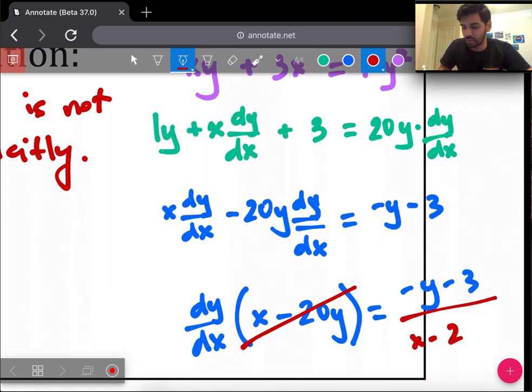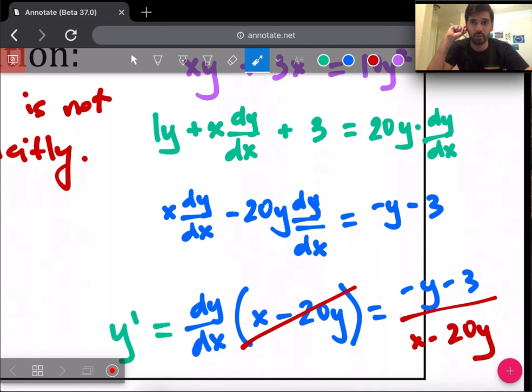So x minus 20y would end up over here. And now if you notice, I have dy dx is equal to this stuff over here. So now notice your derivative is in terms of both y and x. This is just my derivative here, y prime. Y prime is my derivative, or dy dx. So y prime equals dy dx is equal to this over x minus 20y.